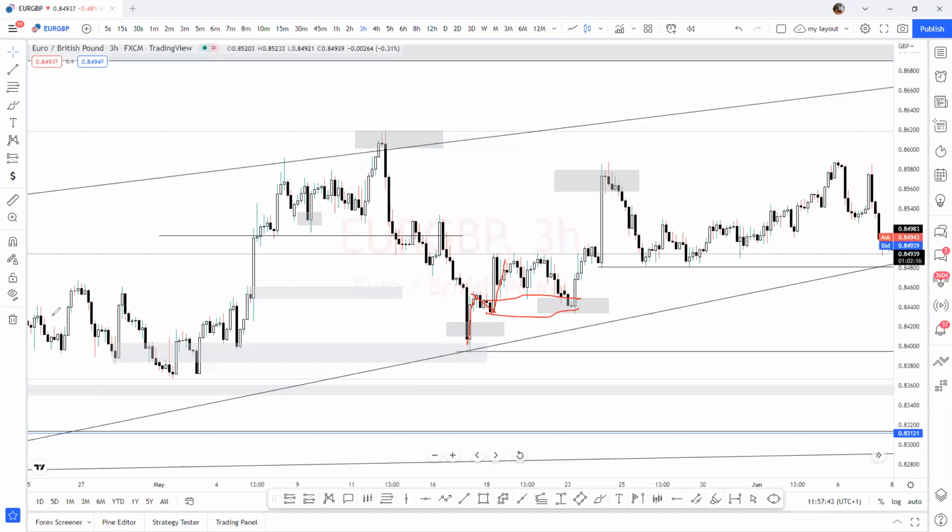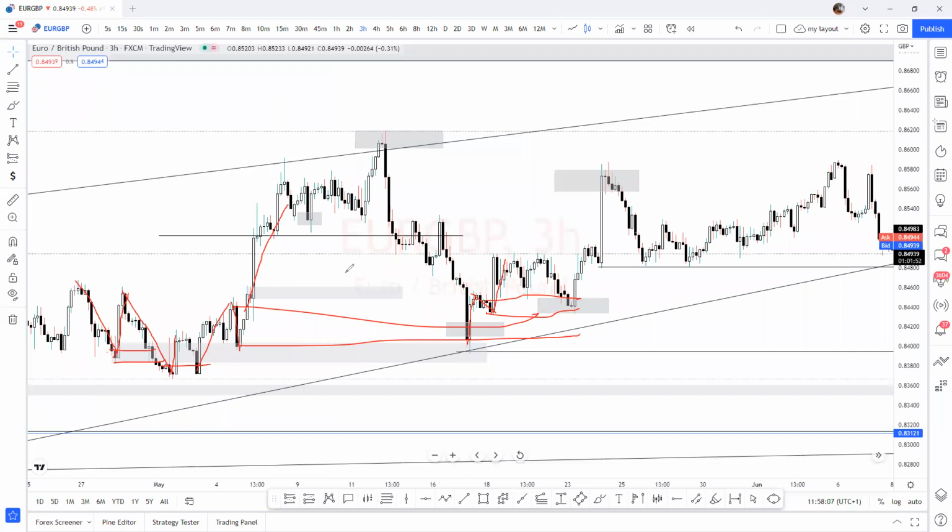In this example, we have a drop, a base, and a rally. This is our base, which failed. So we have a drop, base, rally. The base held. Rally, base, rally. The base held. Something like that.